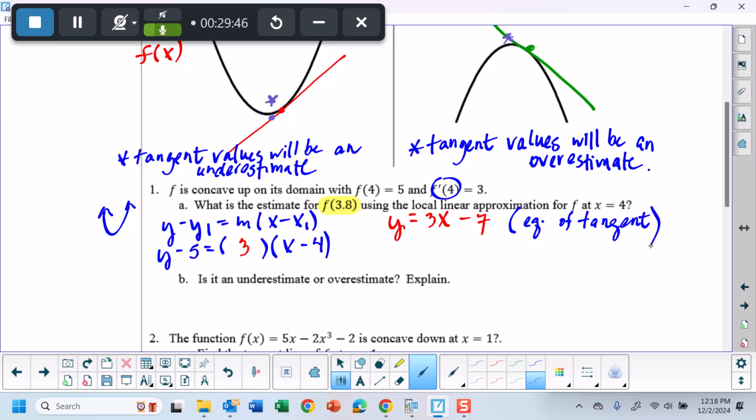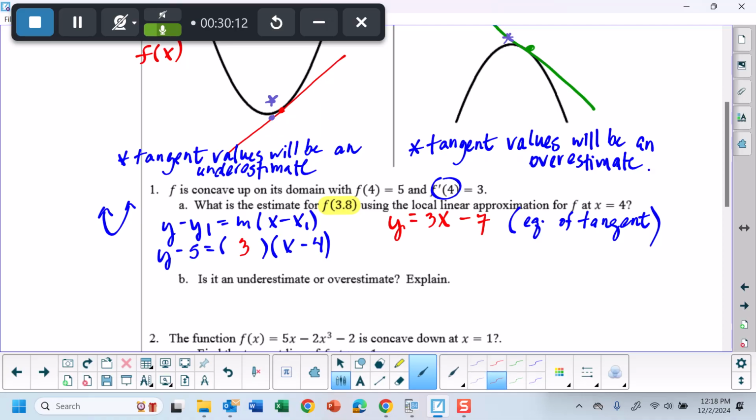And then I can use that equation to help me figure out the local linear approximation for f at x equal to 4, an estimate for f of 3.8, where I can plug in 3.8 and get that value.